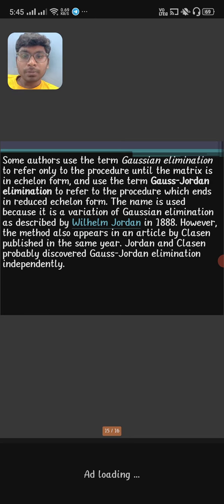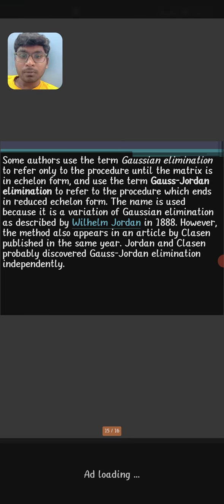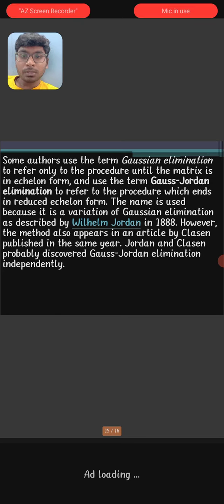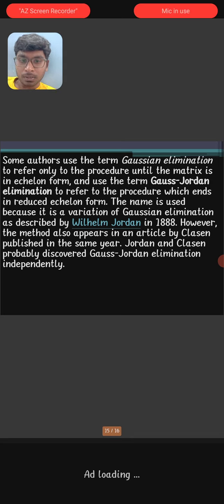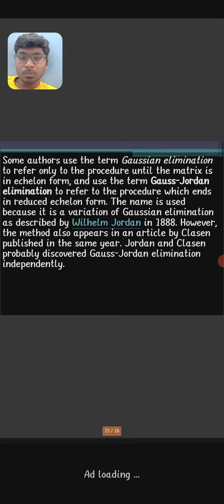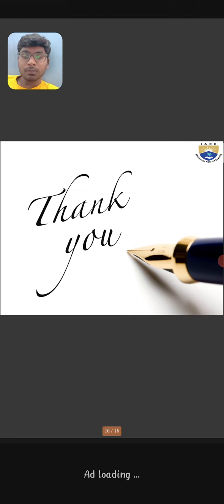The name is used because it is a variation of Gaussian elimination as described by Wilhelm Jordan in 1888. However, the method also appears in an article by Clasen published in the same year. Jordan and Clasen probably discovered Gauss-Jordan elimination independently.